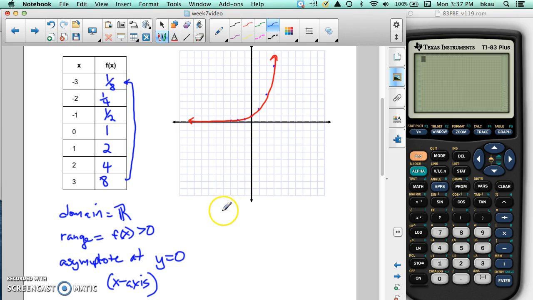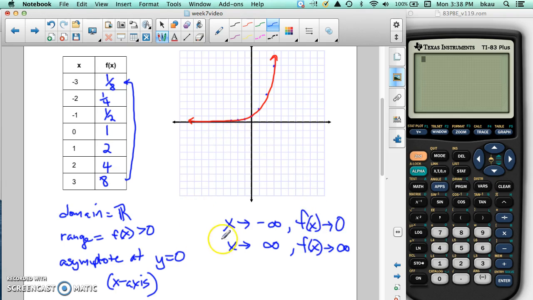So what we're saying here is that as x goes to -infinity, then f of x goes to 0. As x goes to positive infinity, then f of x goes to positive infinity. It goes up forever.